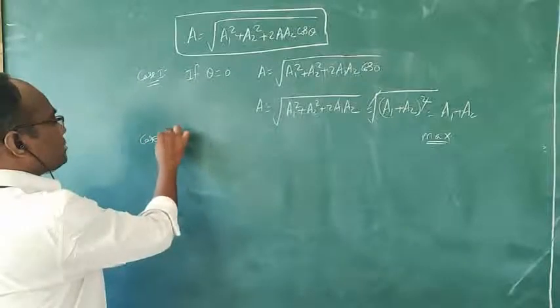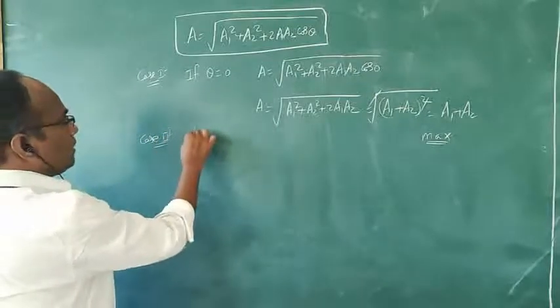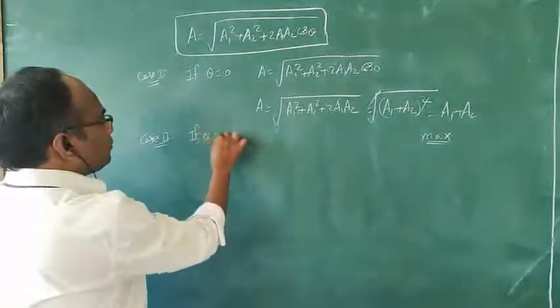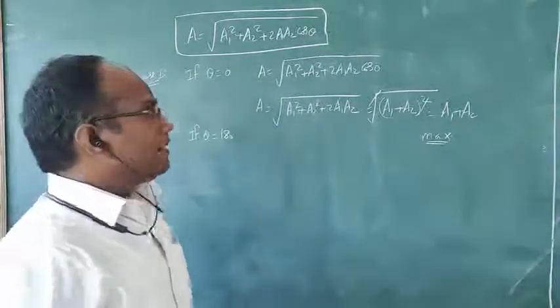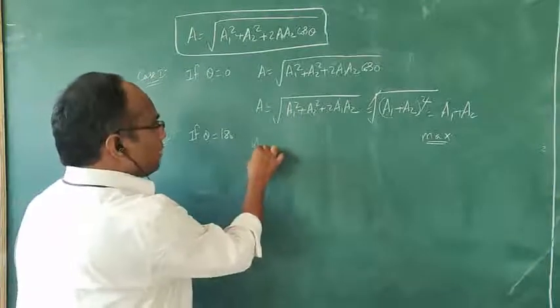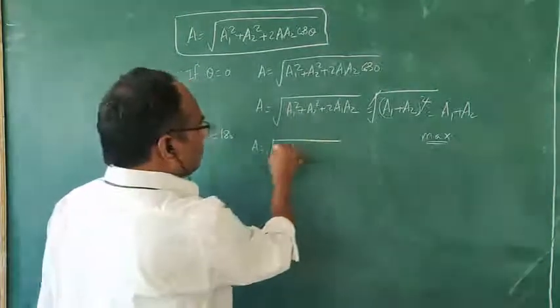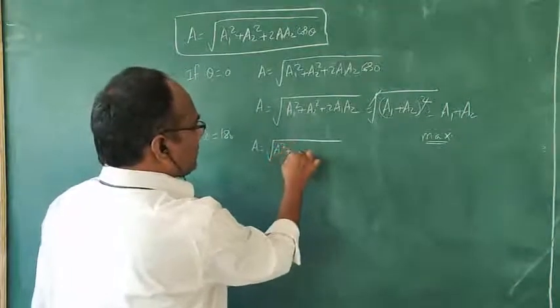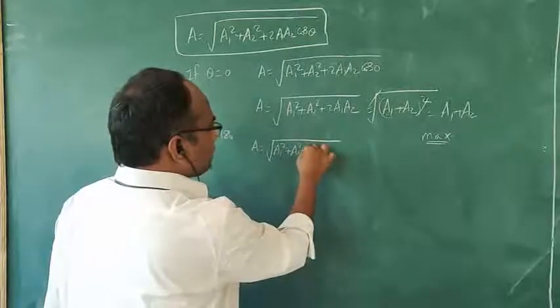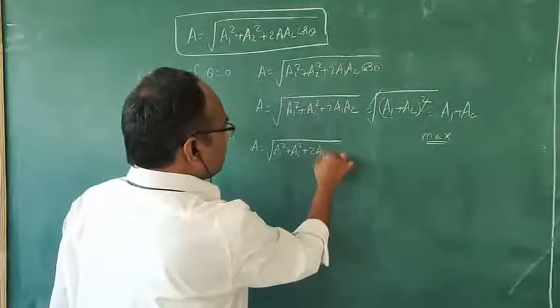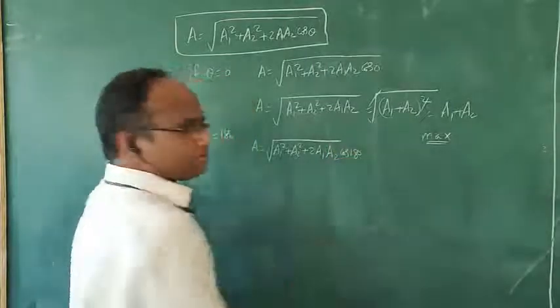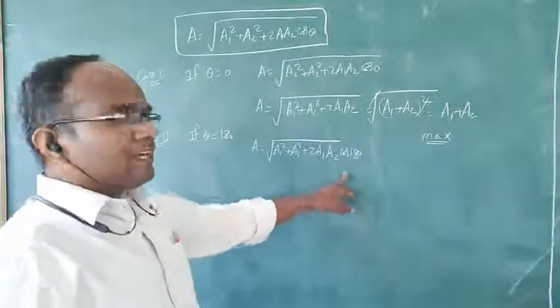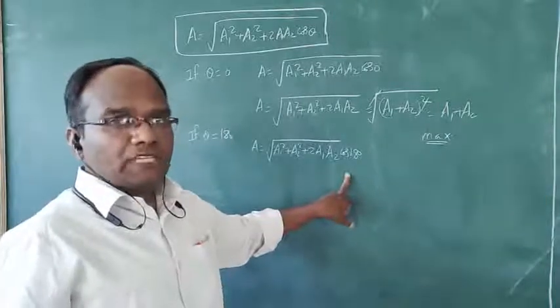in case 2, if theta is equal to 180, so what is the value? A is equal to root of A1 square plus A2 square plus 2A1A2 cos 180. Cos 180, how much? Minus 1.